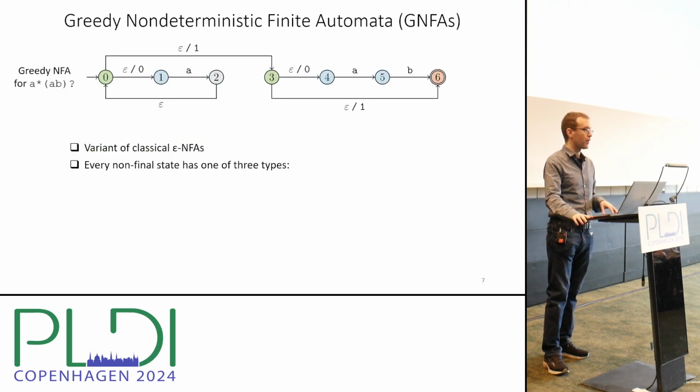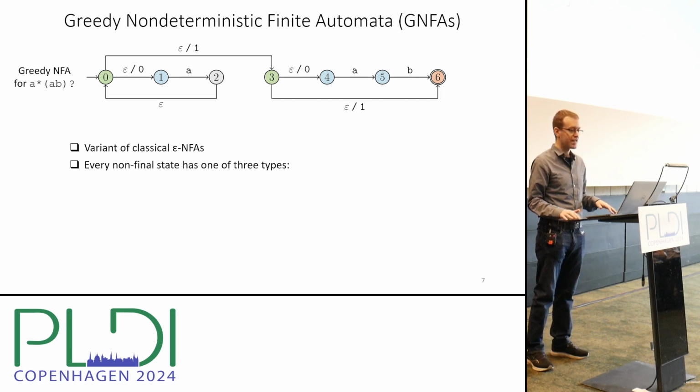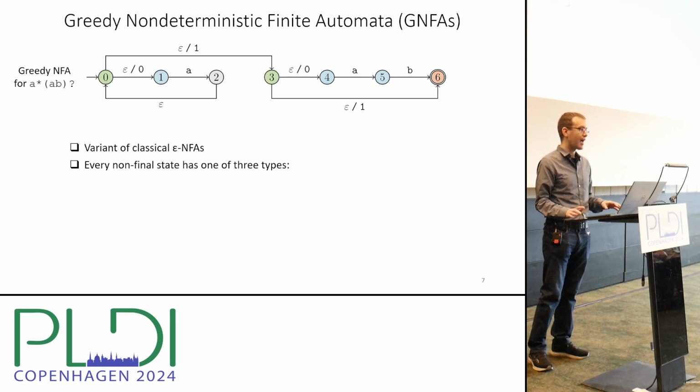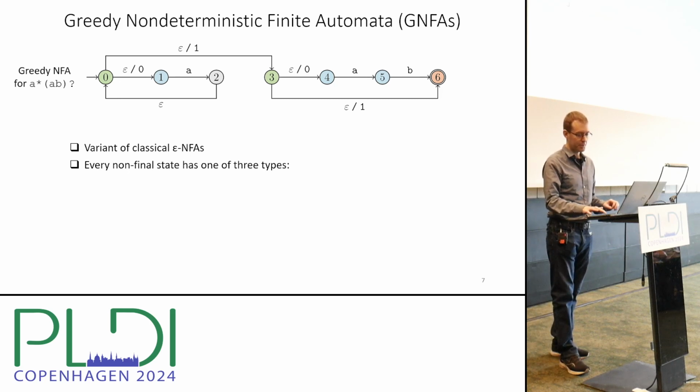To obtain our results, we will use a model that I call greedy non-deterministic finite automata, or GNFAs. And this is a variant of the classical epsilon NFAs that we know. But every non-final state has one out of three types.